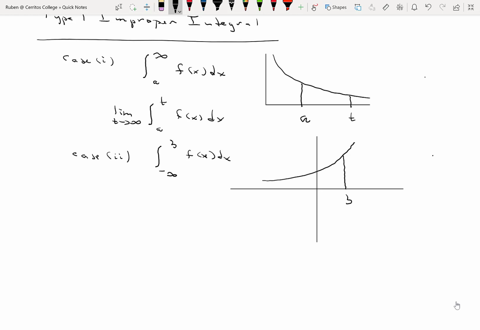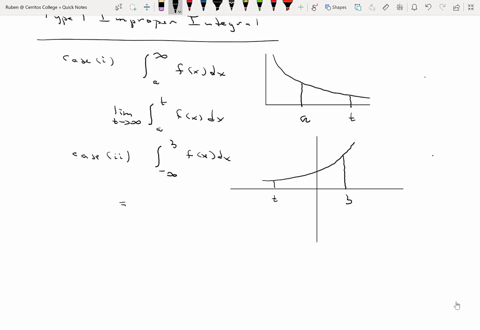I'm interested in the area, if we interpret this as an area problem, to the left of b. So the way we handle that is, instead of integrating all the way from negative infinity to begin with, we integrate from t to some b, and then let t approach negative infinity.